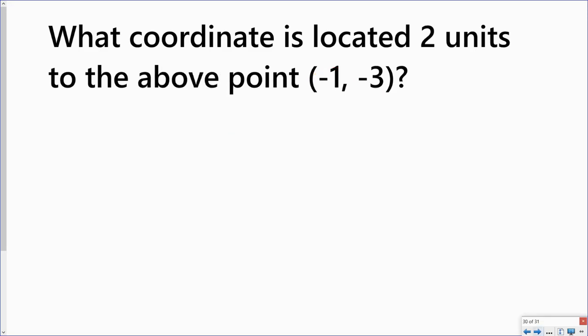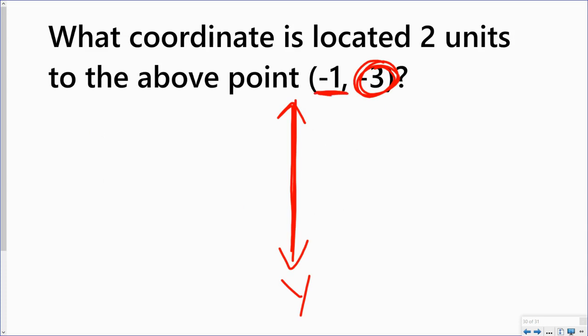What coordinate is located 2 units above point -1, -3? Well, above means I'm going this direction. And when I travel up and down like this, that means I'm dealing with the y-axis. So that means my y-axis is going to change and my x-axis is going to stay the same.